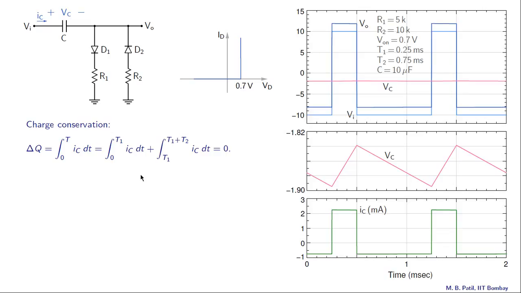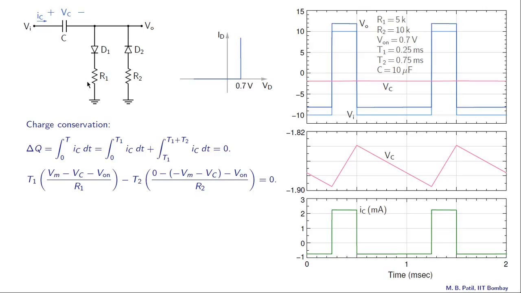Okay, so next, what is IC in this interval? It is plus Vm minus Vc and minus V on, the voltage drop across R1, and that divided by R1.